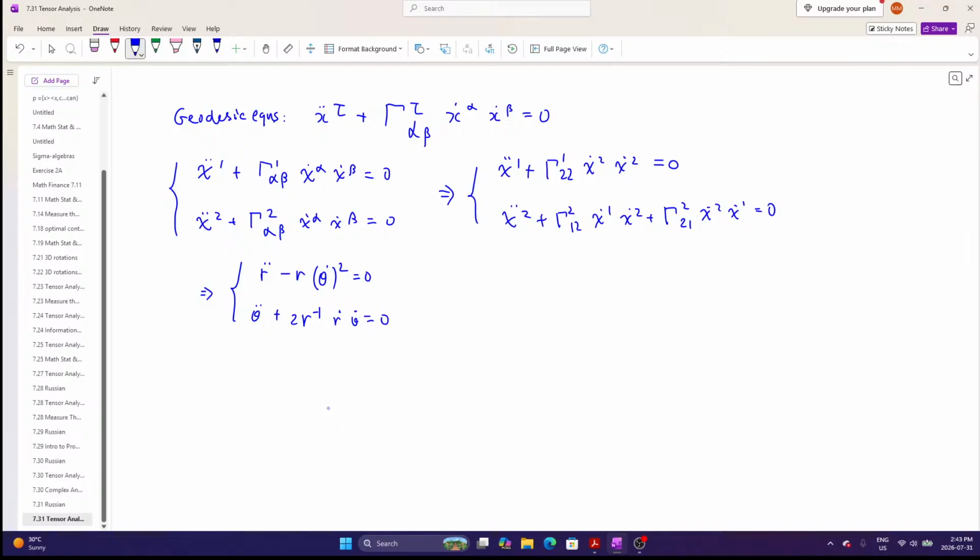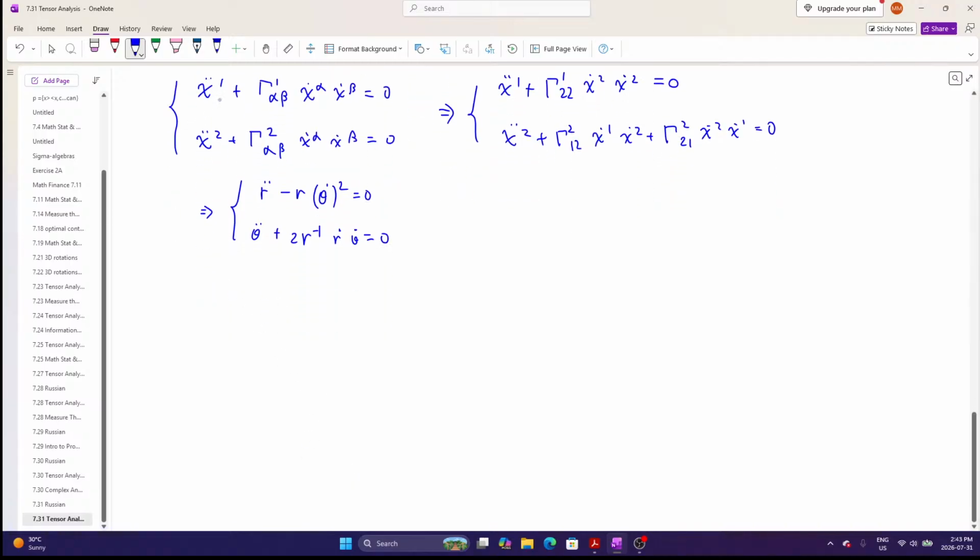What I found interesting is that this feels like the acceleration formula in polar coordinates. Guys, let me just do this derivation real quick. This feels like acceleration equals 0, which exactly should be straight lines, but I can't seem to be able to solve it from these equations. Or can I?